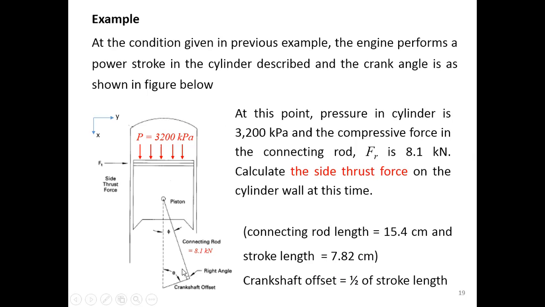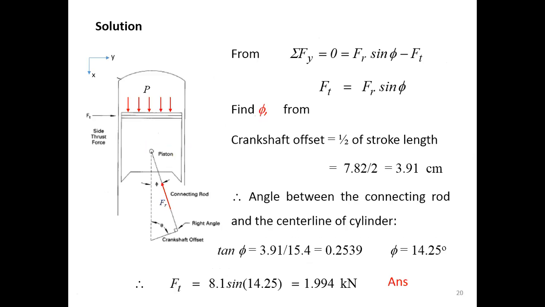This distance is equal to 1/2 of the stroke length. Okay, so to find the side touch force, we know the connecting rod force, so we can use this equation, the summation of force in the y direction, to find out the side touch force.